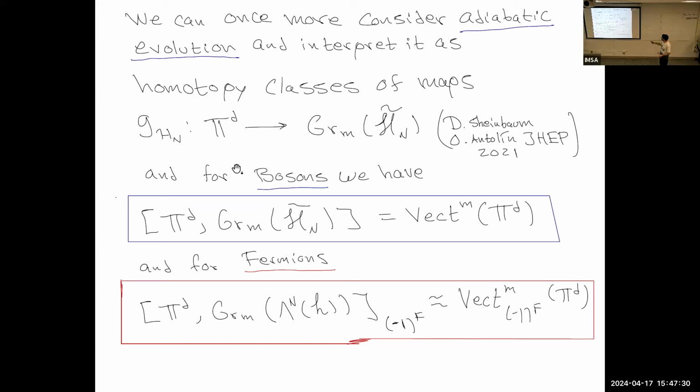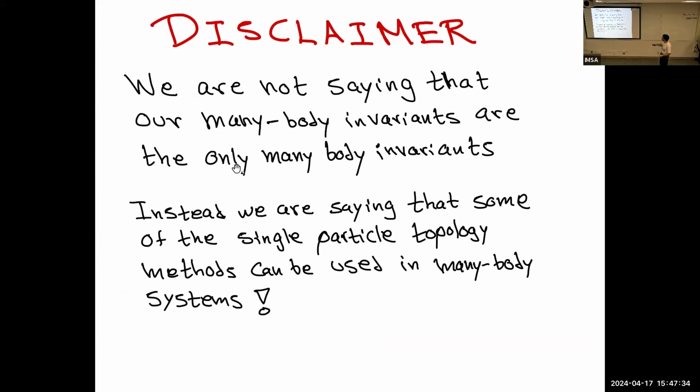That's a good point. This is why the disclaimer appears here. It's not exactly the same. There are differences, because they get the Grothendieck group, they get K theory in general, and we don't get K theory in general. We have something that depends on the dimension of your ground state space, the vector bundle that you get. It's not the same. There are characteristic classes, and there are things that don't survive in K theory, for example.